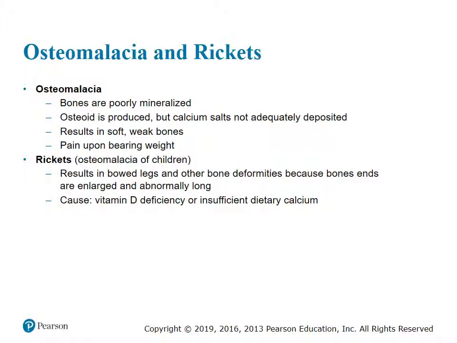Osteomalacia of children is also known as rickets, right? This happens in children, and it's really because we have a lack of minerals, one being calcium. So we don't get enough calcium in the diet as a child, or we don't get enough vitamin D. Now, what is vitamin D used for? Vitamin D is used to bring calcium from the food we eat into blood and into bone.